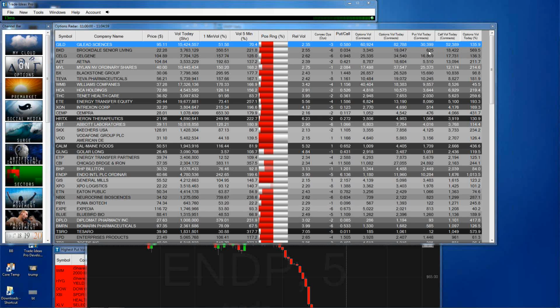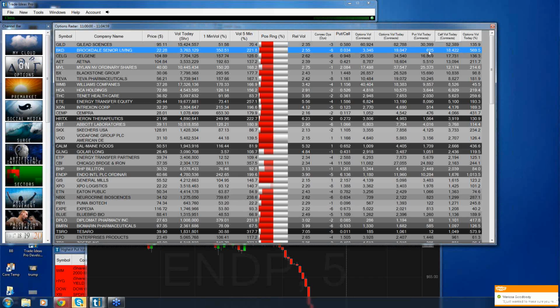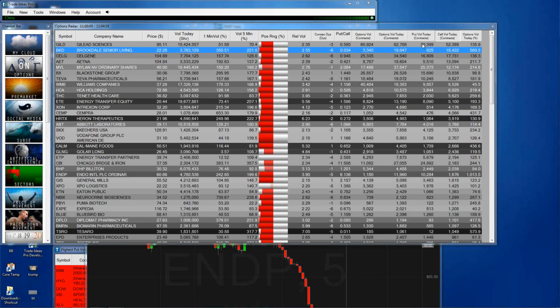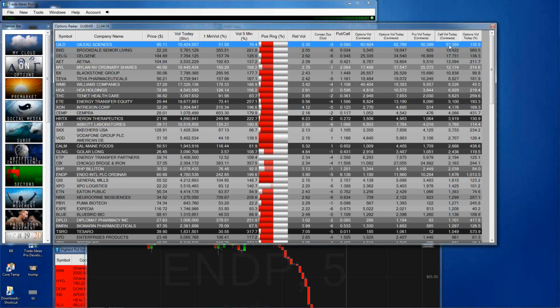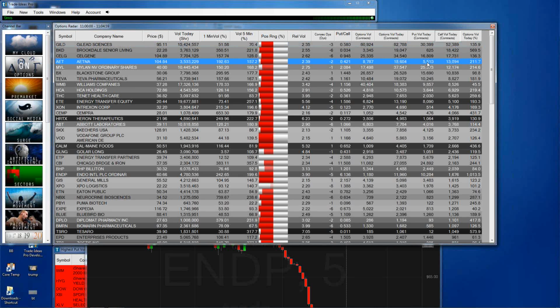So sometimes we'll see big disparities here. These are always a lot more interesting than seeing the ones that are almost equal call versus put option activity. But when you start to see the ones that are way out of balance here, from my experience, those are the ones that can be the more dynamic trades.